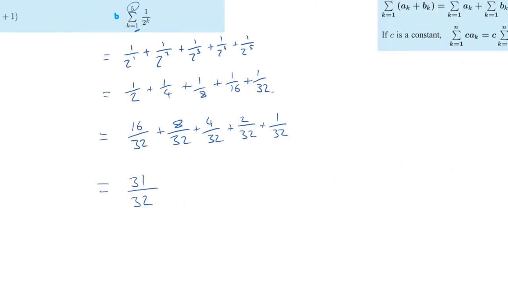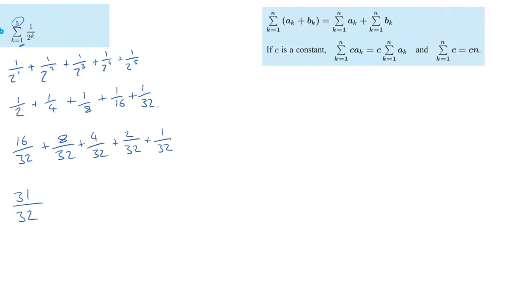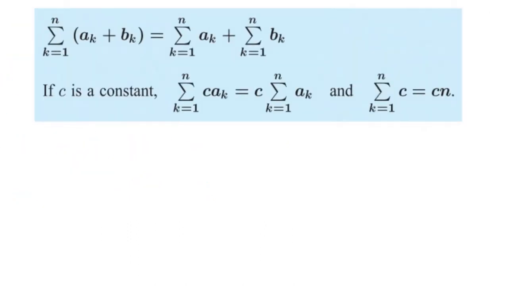Okay, now just a few tricks to help us here are explained here. Let's just break down what these mean. These are some rules that we can use to help us with our series. So, for example, let me make up an example I can show you. Say we've got k equal to 3, finishing at 9, and we had 2k plus k squared.